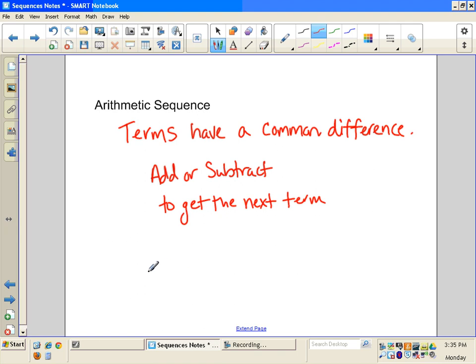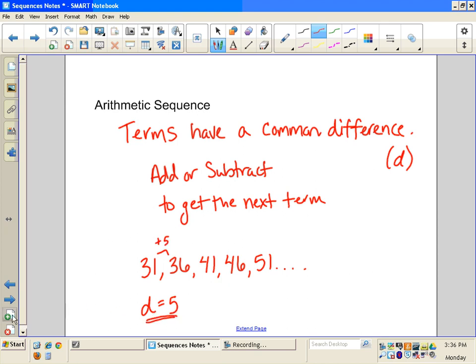For example, if I start with 31 and I tell you that my common difference, we can call it D, is equal to 5, then you know that my next term is 36. 36 plus 5, 41 plus 5, 46 plus 5, 51, etc. Because each term here I was adding 5. That was my common difference.